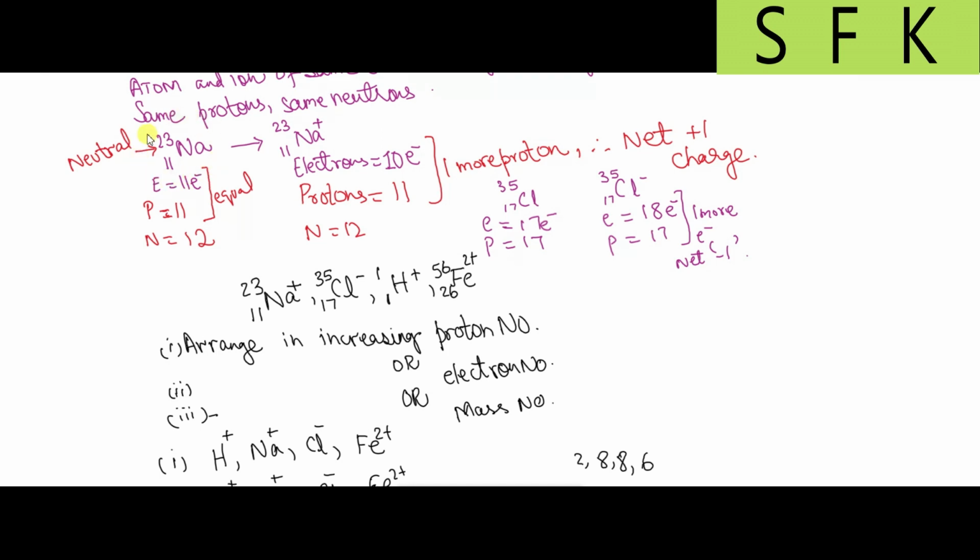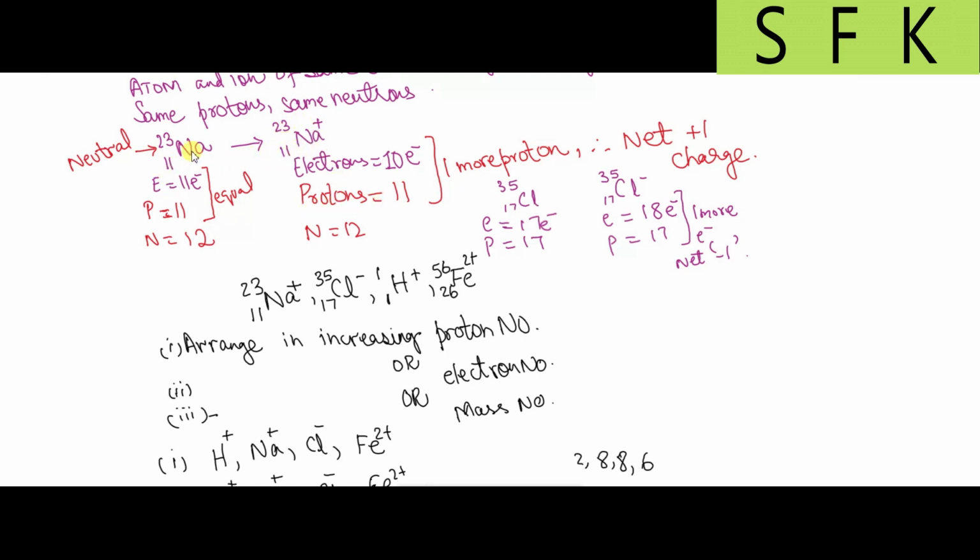As a sodium atom loses an electron, it forms a sodium ion. So the sodium atom, which initially had 11 electrons, because an atom is electrically neutral, the number of protons is also equal to the number of electrons. The sodium ion that is formed has 10 electrons because one electron has been lost in its formation.